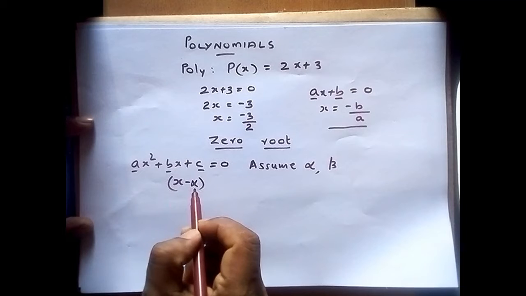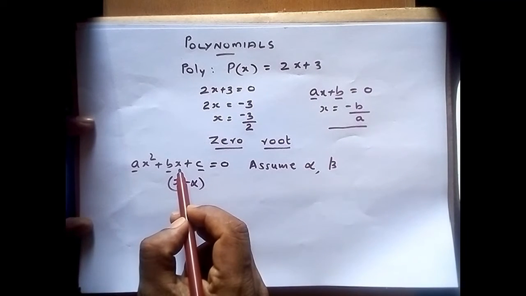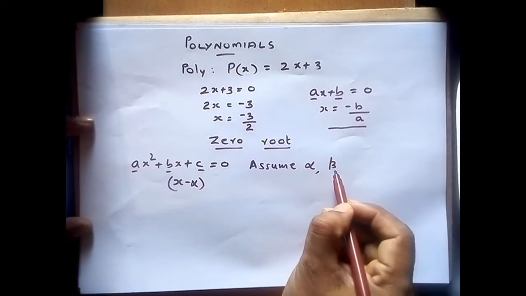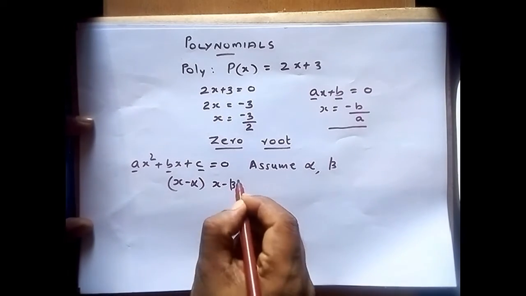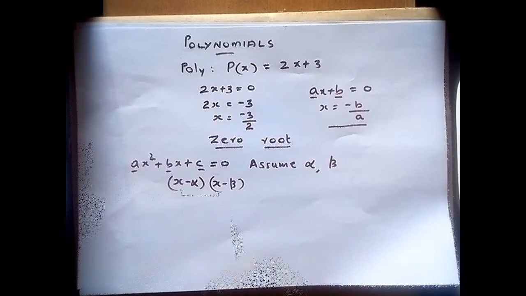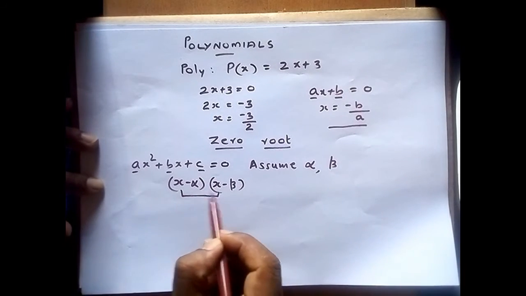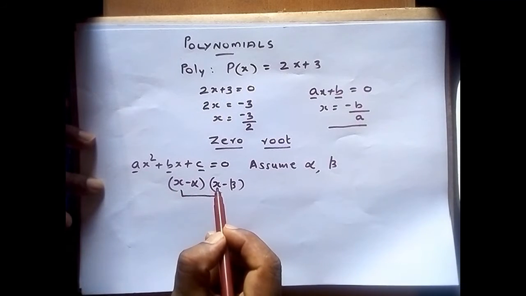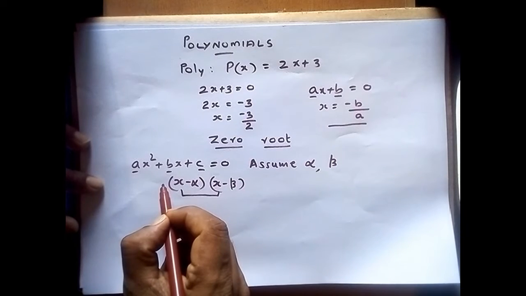Similarly, if beta is a root, then x minus beta also will be a factor. Since it is a quadratic polynomial, we have already multiplied x two times, so there will not be any further factor of x. But there can be a constant factor here.